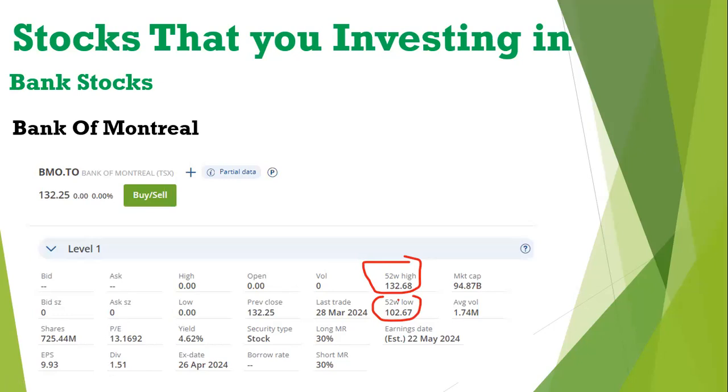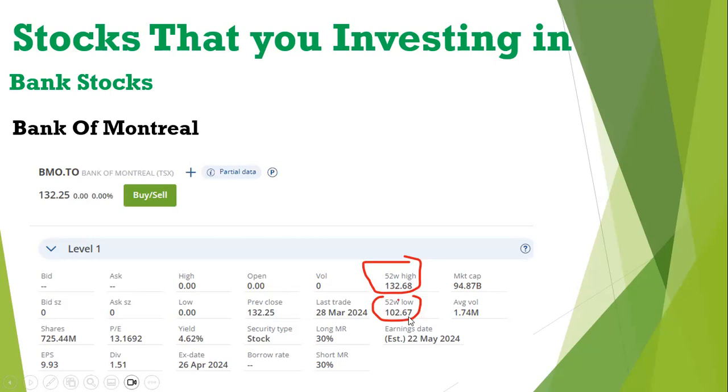BMO is also part of the dividend growth stocks. If you look here, the price now is $132.25, but previously it was 102. Let's say, for example, you had bought it when it was 102.